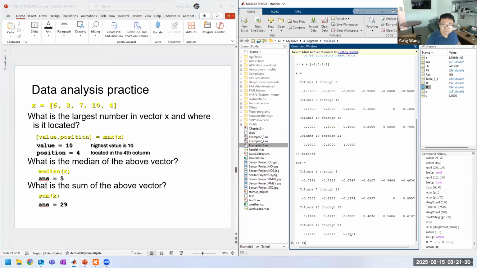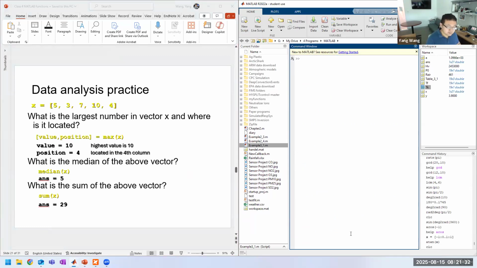So for example, x equals this array here, 5, 3, 7, 10, 4. Here I didn't type in the comma because for a single column, comma or space are the same. So you have the x here. Of course you can do mean, right?